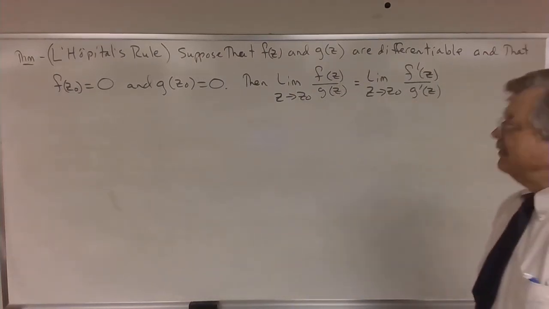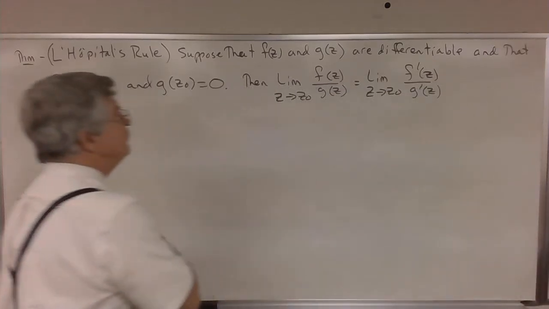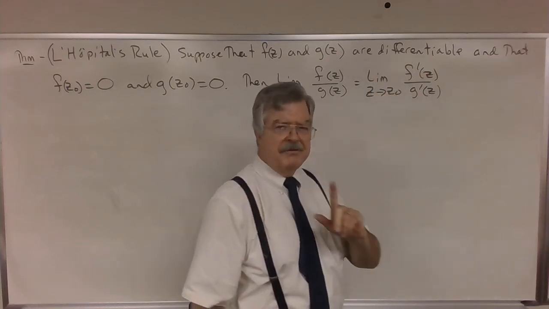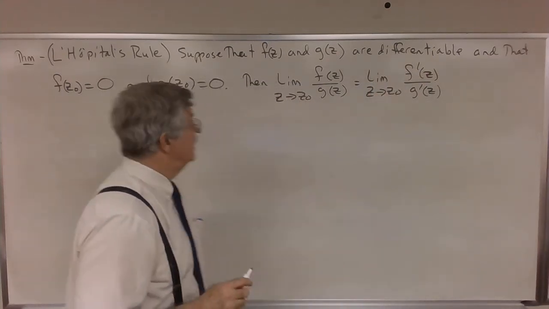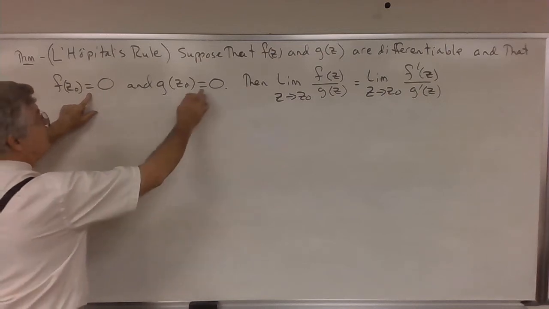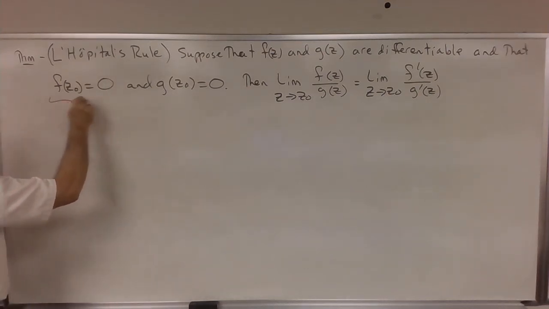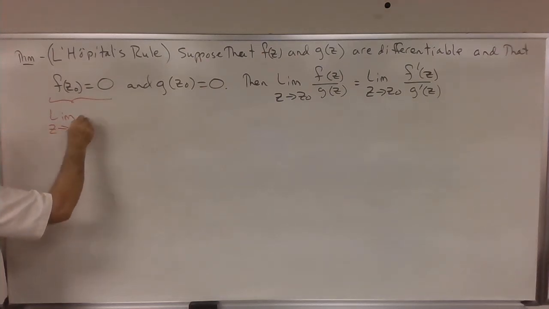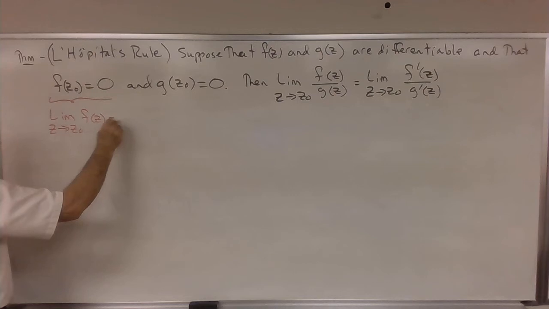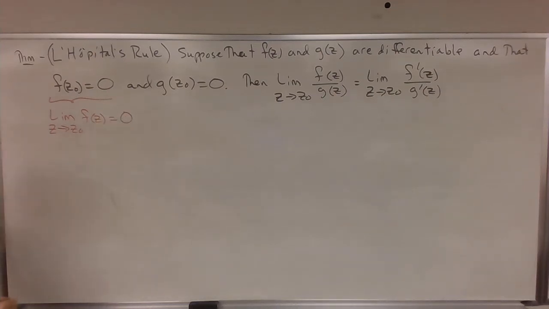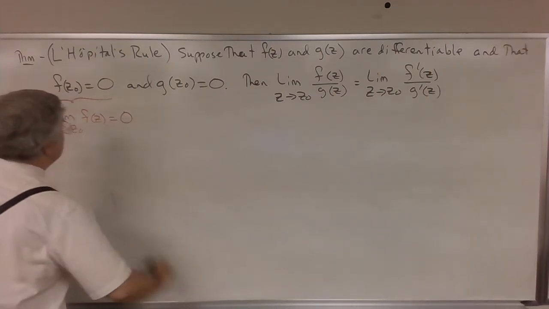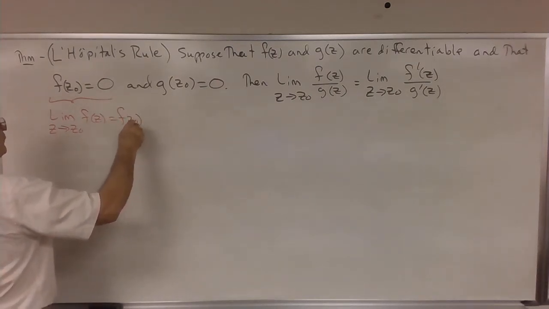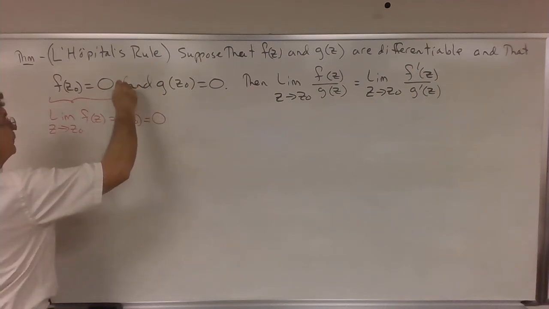Now, what is this really saying? Well, if these functions are differentiable, they're continuous, right? And so if this thing is 0 and this thing is 0, what does that really mean? It means that as z approaches z0 of f of z, we get 0, or by continuity, we get f evaluated at z0, which is 0.